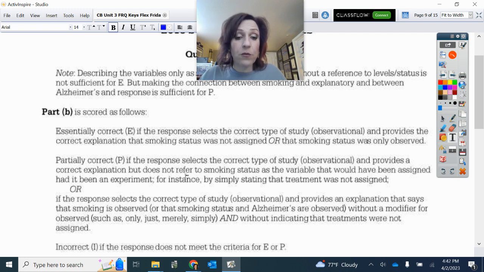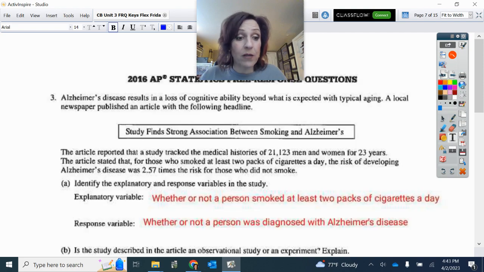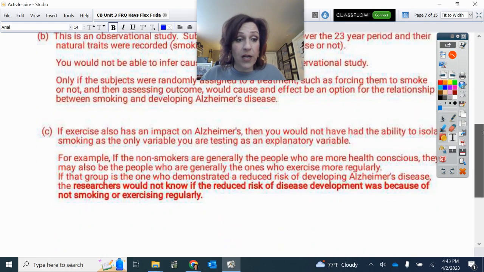So it does not refer to smoking status as the variable that would have been randomly assigned in an experiment. You don't get credit. So lots of going into that. If you said that they are just merely observing the smoking, and you didn't say anything about random assignment of the smoking to the treatment, then here's again what I wrote.